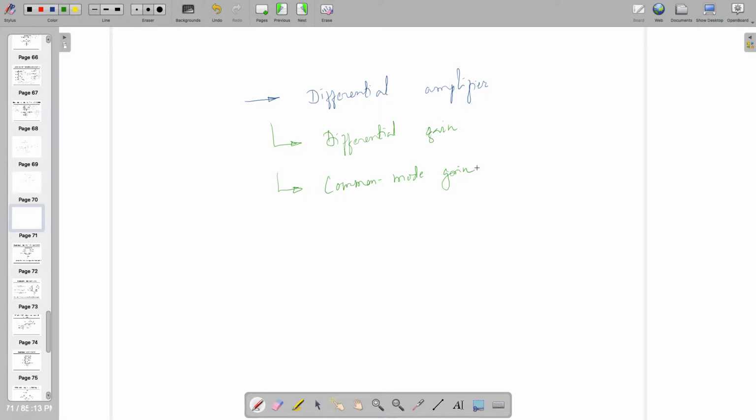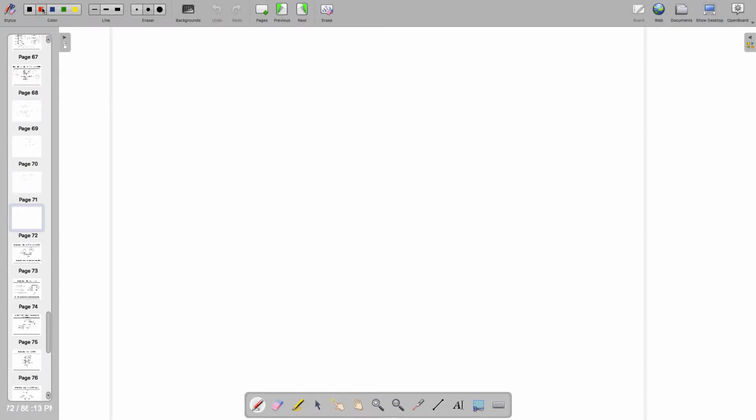Right, but all these things are happening on only one assumption: that when you are taking the fully differential circuit, you have two balanced networks which are identical to each other. So both are exactly identical. Balanced network number 1 and balanced network number 2.